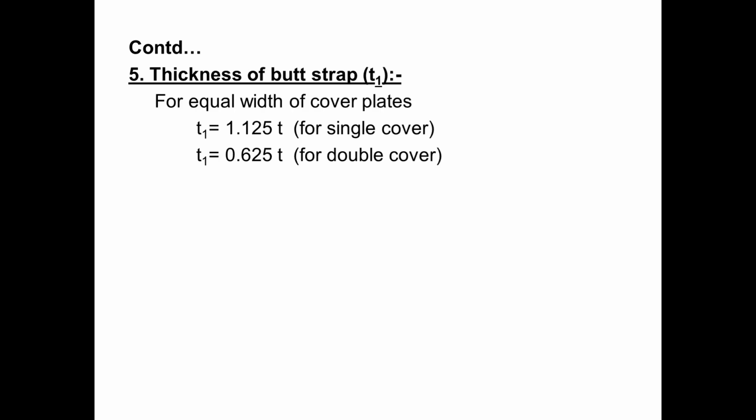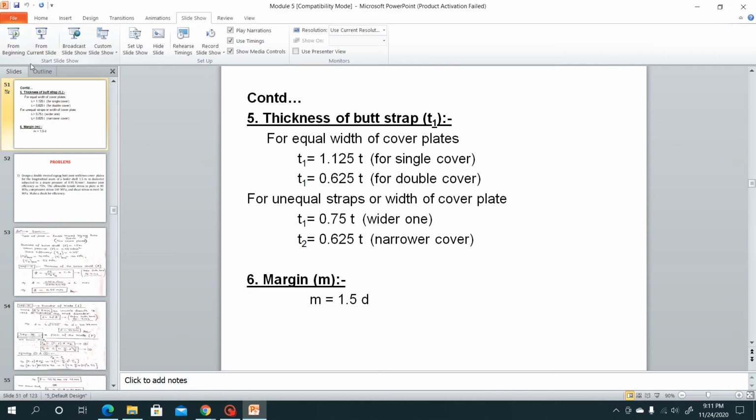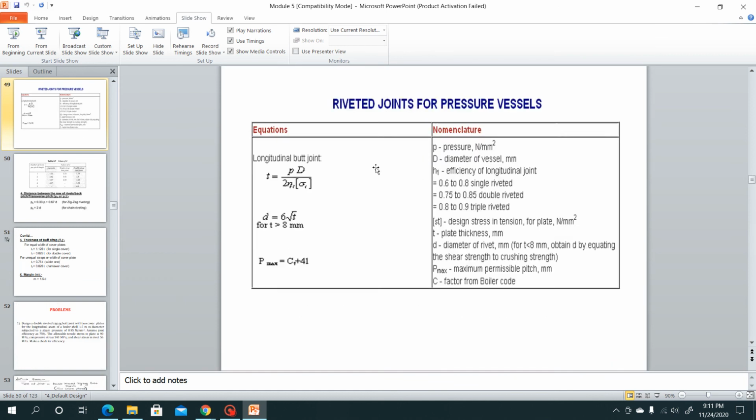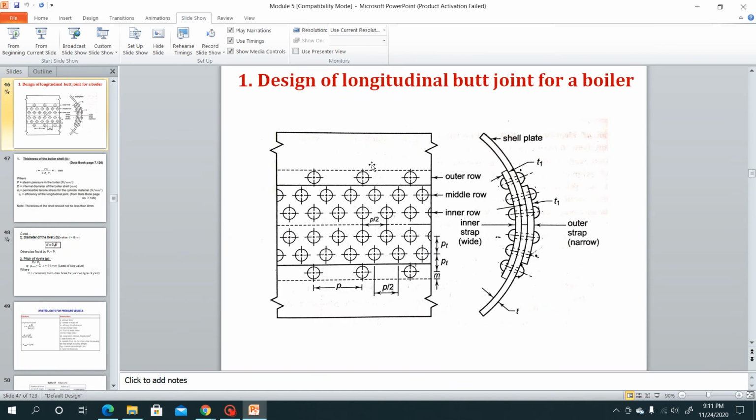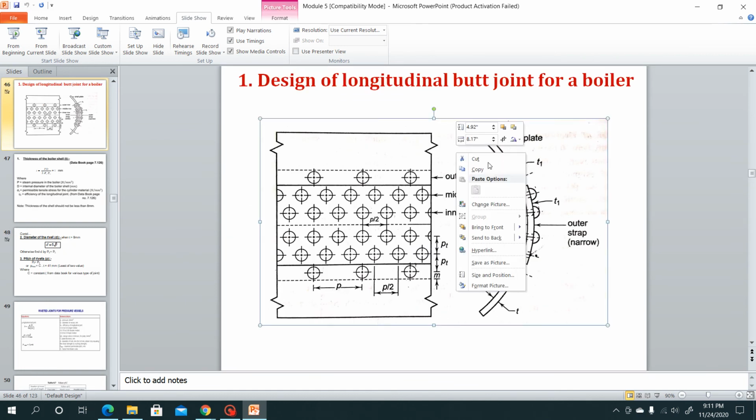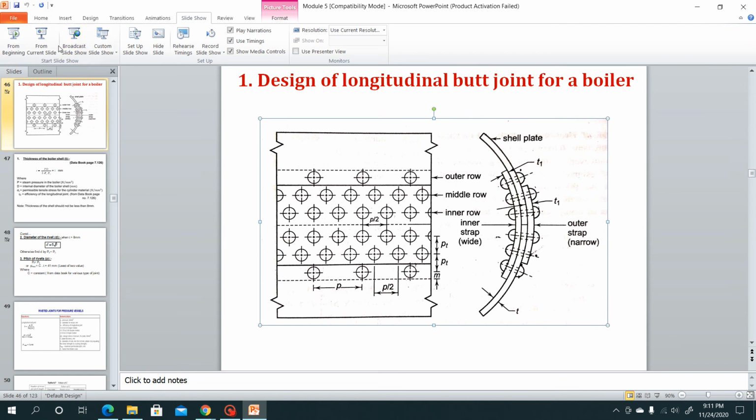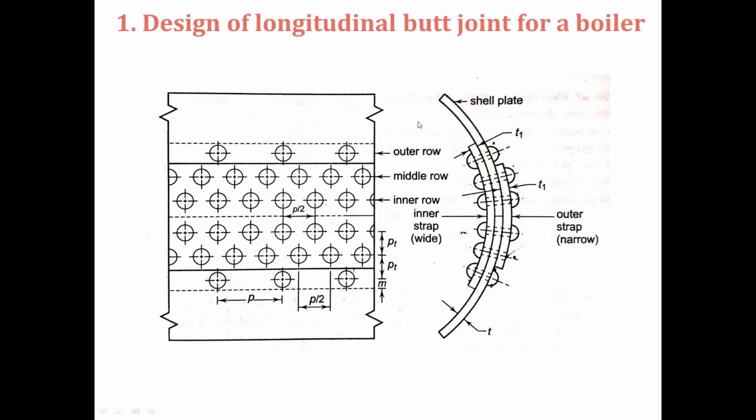The fifth step is the thickness of the butt strap. We have to determine the thickness of the butt strap. That means this one. If you see the diagram, so far what have we calculated? We have calculated the value of small t.